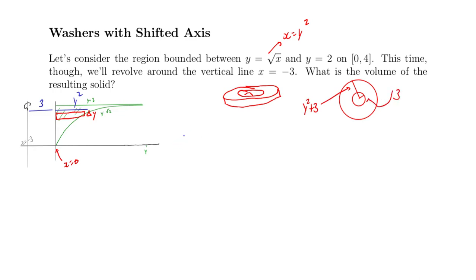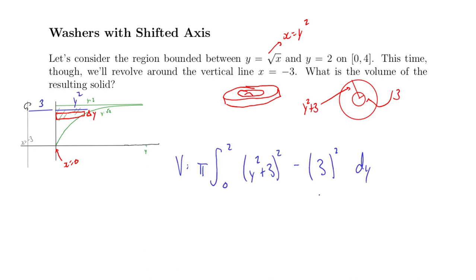Now, our volume integral is going to be pi times the integral from 0 up to 2. Those are my y values that I'm integrating across. And I'm going to have my bigger radius squared. That's y squared plus 3 squared minus my smaller radius squared, 3 squared.